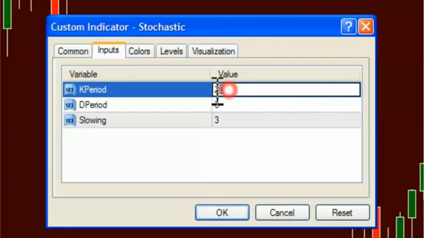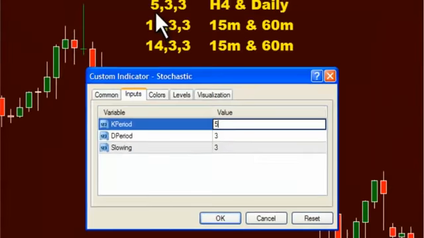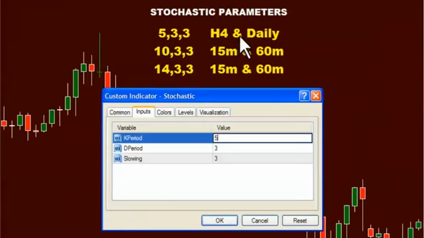A 5-3-3 setting can be used on higher interval time frames, such as a 4-hour chart or a daily chart. A higher setting, such as a 10-3-3 or even a 14-3-3, can also be used on these same time frames, but also on smaller time frames, such as a 15-minute chart or an hourly chart.